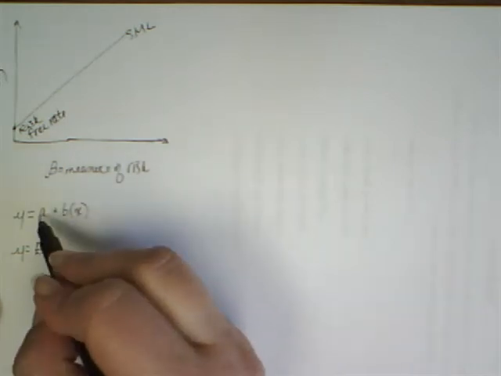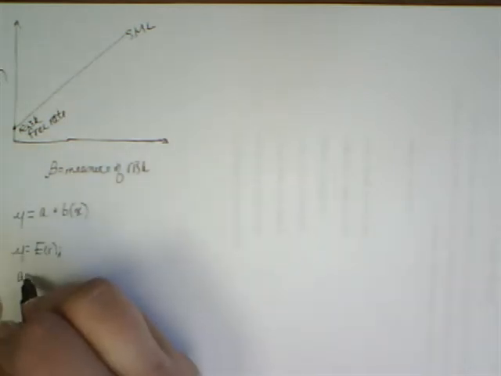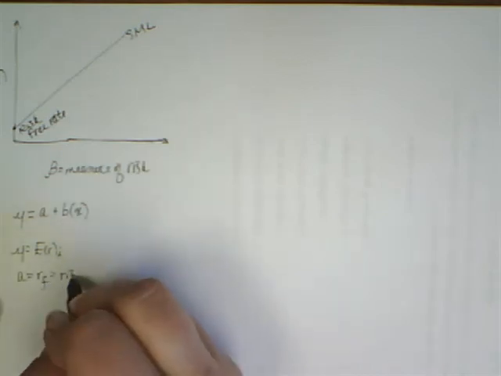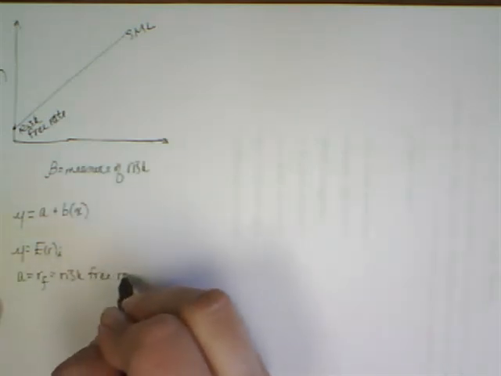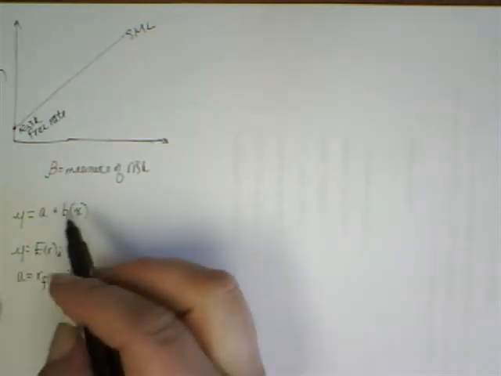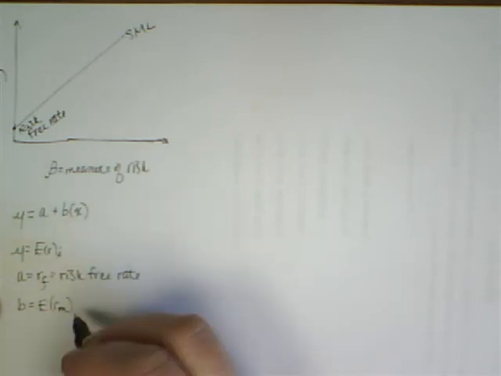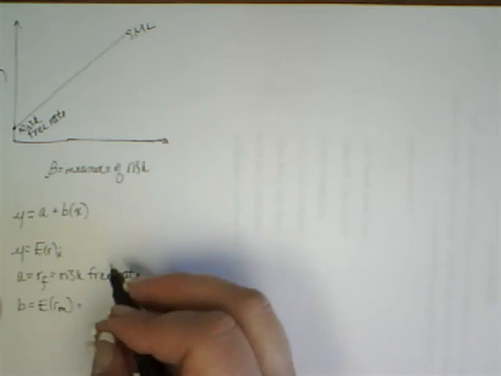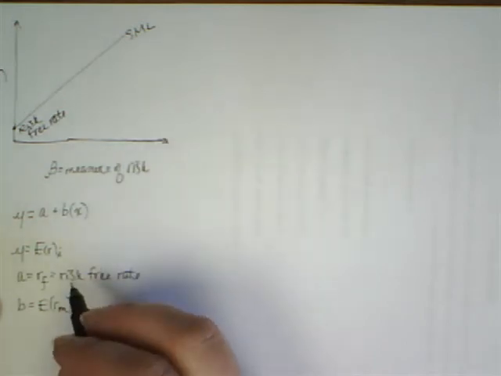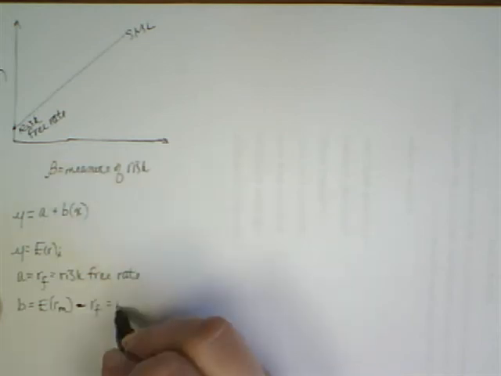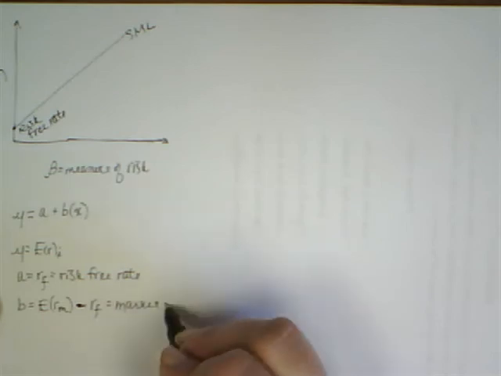Okay, then we have a is equal to our risk-free rate. Then we have our b, and that is our expected return from the market. Okay, and you subtract the risk-free rate from that, and that's going to give you the market risk premium.